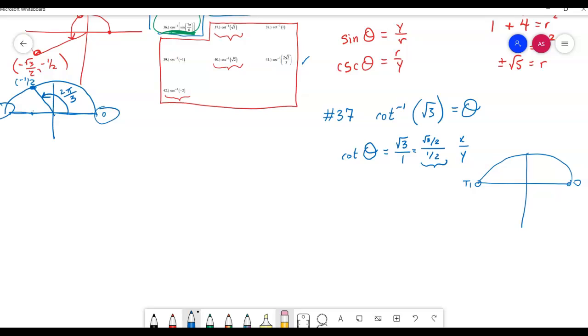So I know my x-coordinate is positive. My x-coordinate has to be root 3 over 2. And my y-coordinate has to be 1/2. The only angle in the first quadrant that gives me root 3 over 2 and 1/2 is pi over 6. So cotangent inverse of root 3.